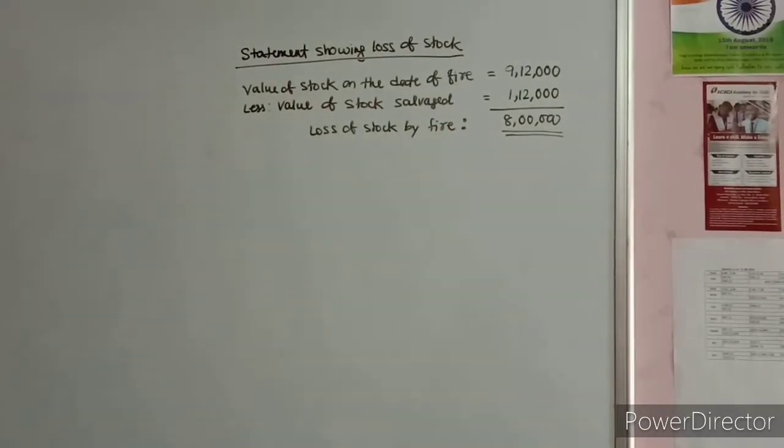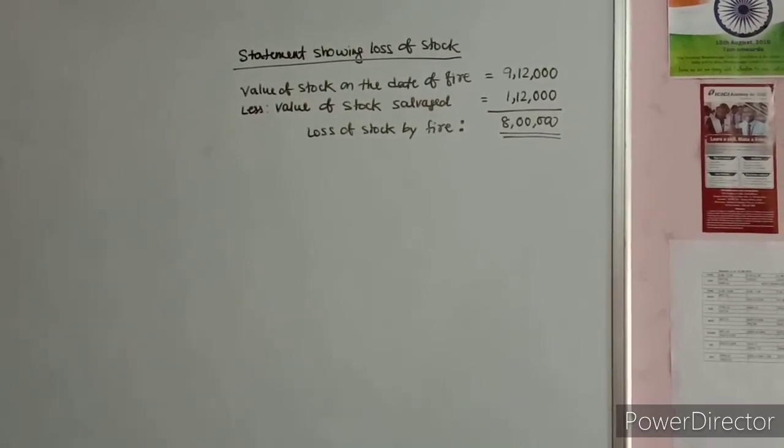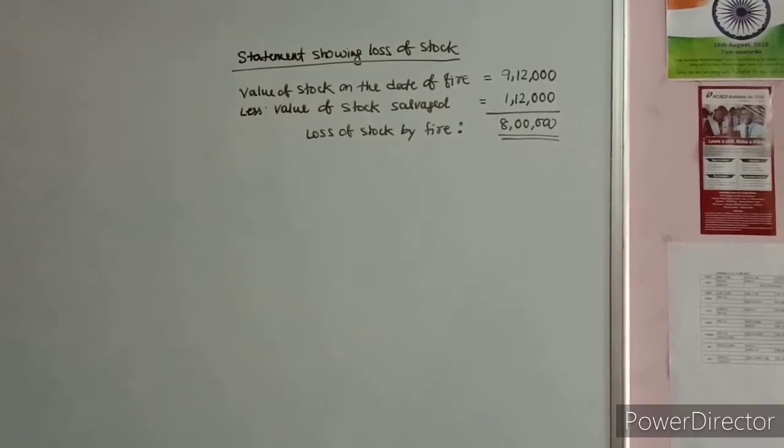This is the amount of loss of stock by fire, 8 lakh. Now the question is, will Sri Ramesh get all the money? We have to check whether the average clause is applicable or not.